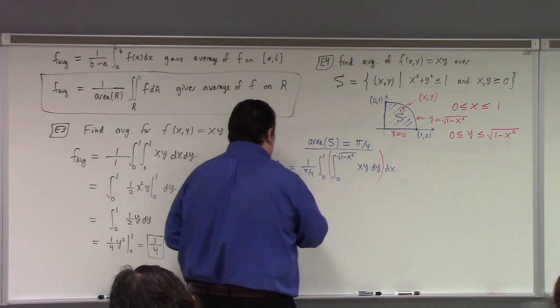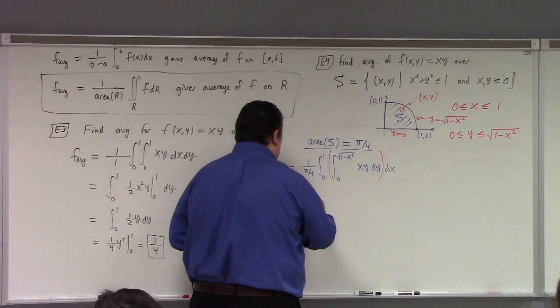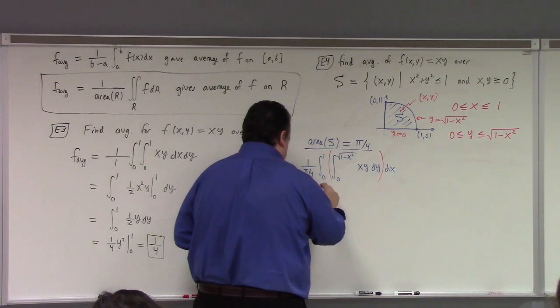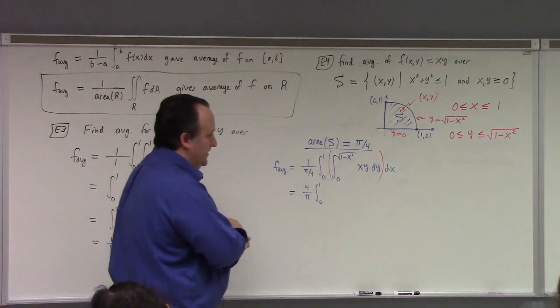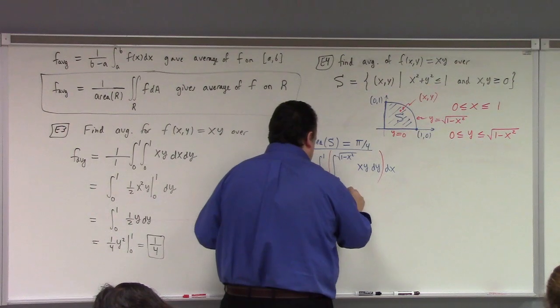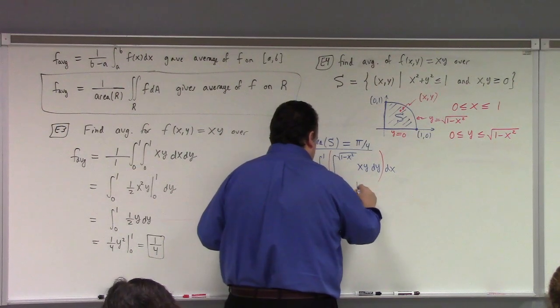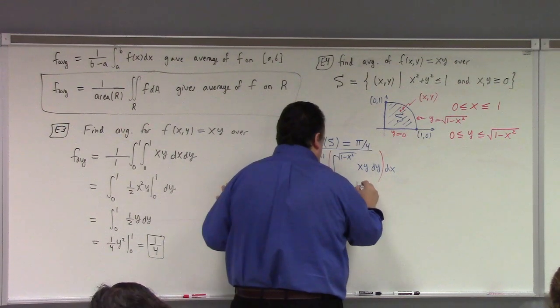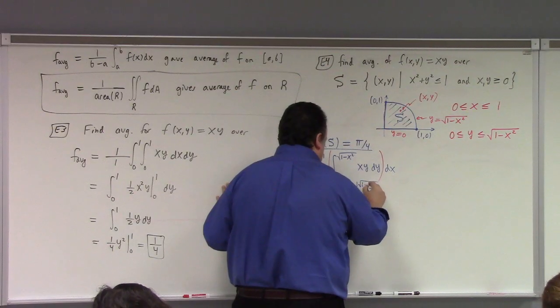So I've got a 4 over pi, integrate from 0 to 1. Now I'm integrating with respect to y, so I've got 1/2 x y squared evaluated from 0 up to the square root of 1 minus x squared.